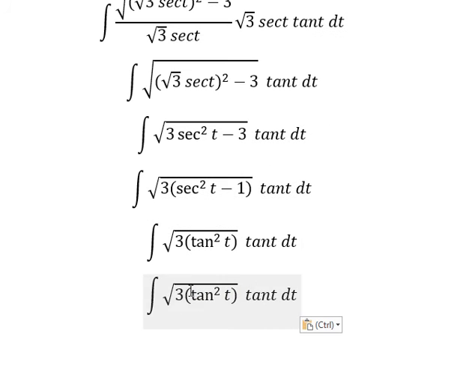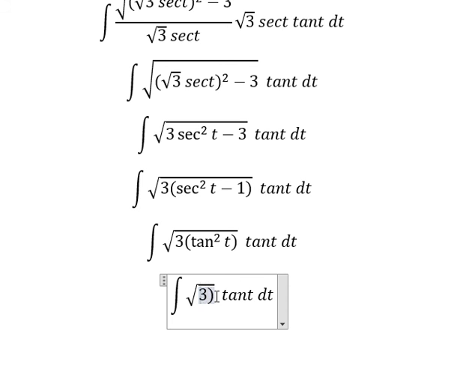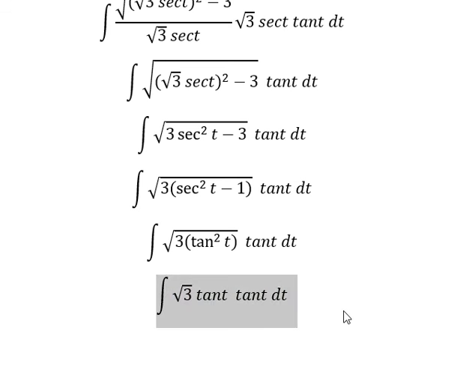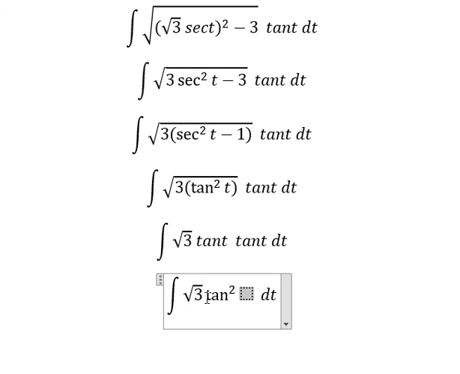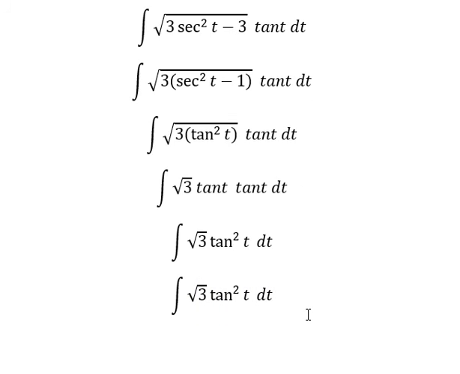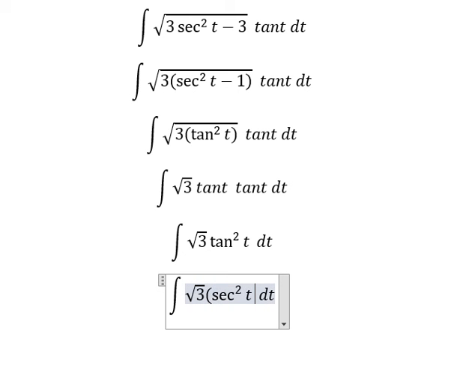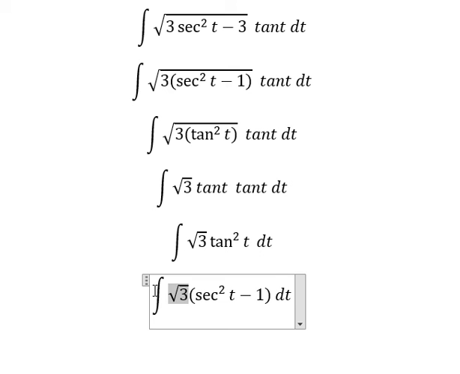The square root of this one, we have the square root of 3 tan t. Tan t with tan t, you get tan t squared. And we know that tan t squared is secant t squared minus 1. And the square root of 3 we put outside.